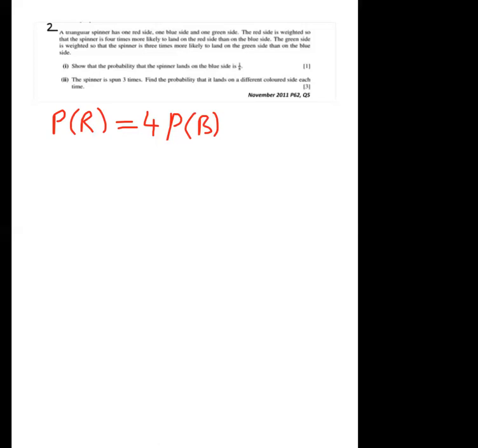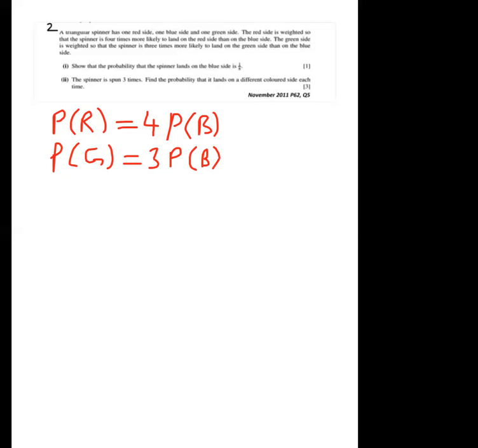Then they're saying green side is weighted so that the spinner is 3 times more likely to land on the green side than on the blue side. So probability of green will be equal to 3 times the probability of blue. And then in the first part, they're asking for the probability of the spinner landing on the blue side.